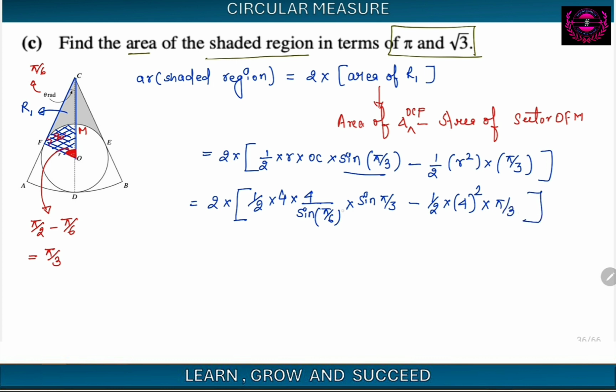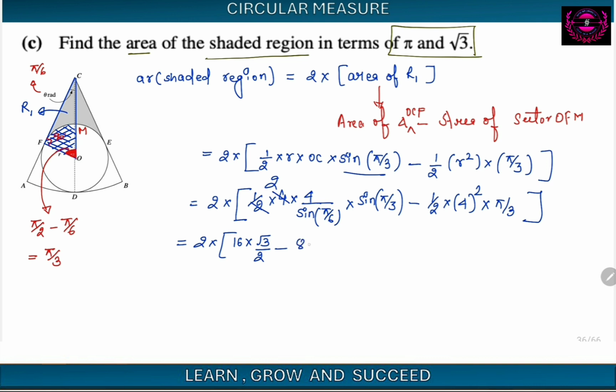Finally, sine pi by 6, which is sine 30, is 1 by 2. So again, this becomes 4 into 2 is 8, 8 into 2 is 16. 16 sine pi by 3, 16 sine 60, which is root 3 by 2, minus 4 square is 16, 16 by 2 is 8.